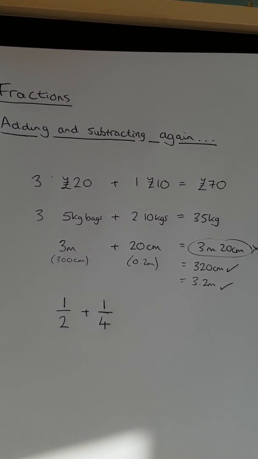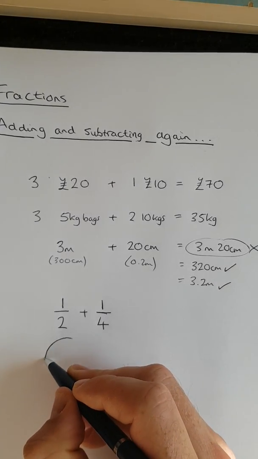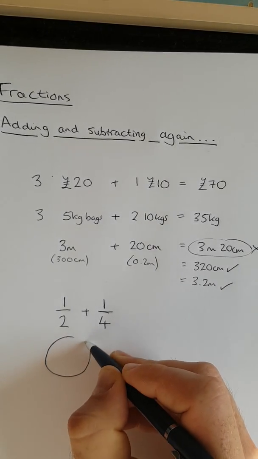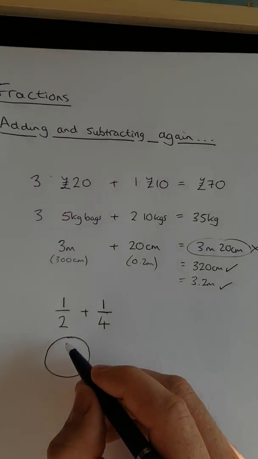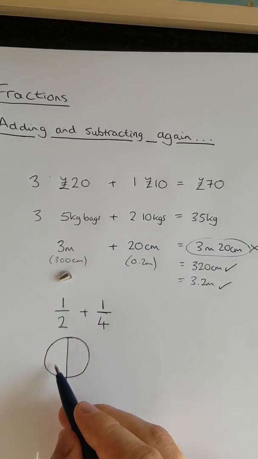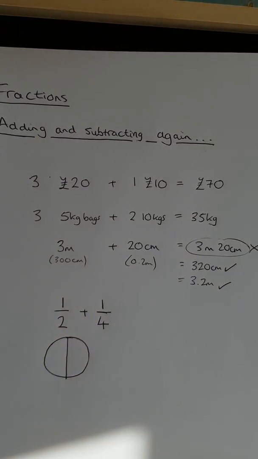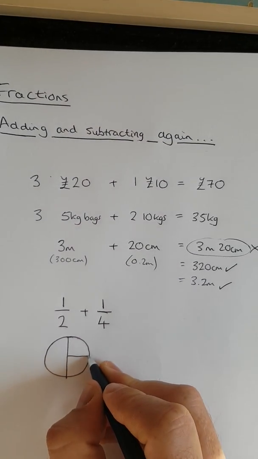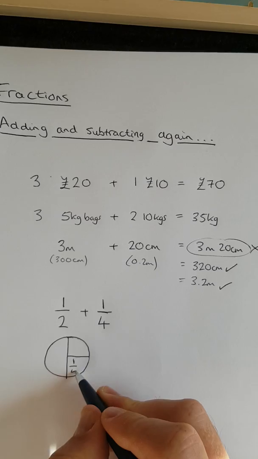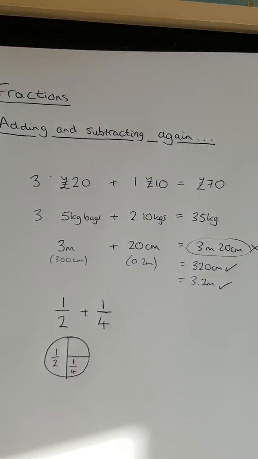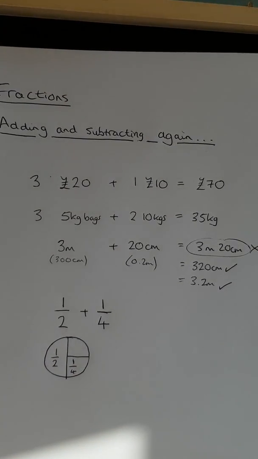Now, most of my diagrams so far have been using lines to describe whole ones, and I'll do that here, but I'll also draw a pizza shape because I think that this will help a lot of people. A half, there it is. If I was to add a quarter to that, there is a quarter. How much have I got?